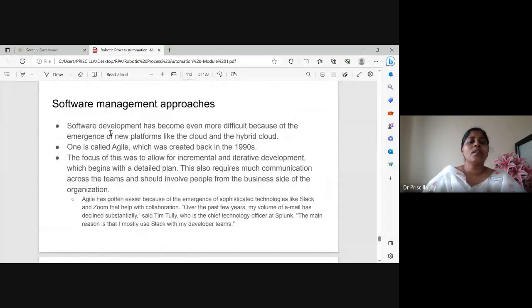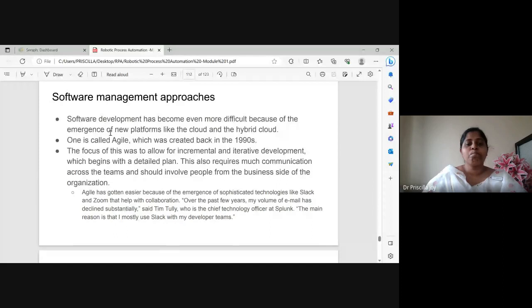In the case where we'll be having the cloud-based integrated, that is the hybrid cloud concept, that particular thing we'll be using in the case of the agile concept. In which we'll be having incremental as well as iterative development, where in the company we'll be using such a concept, and also you might be studying this in software engineering.